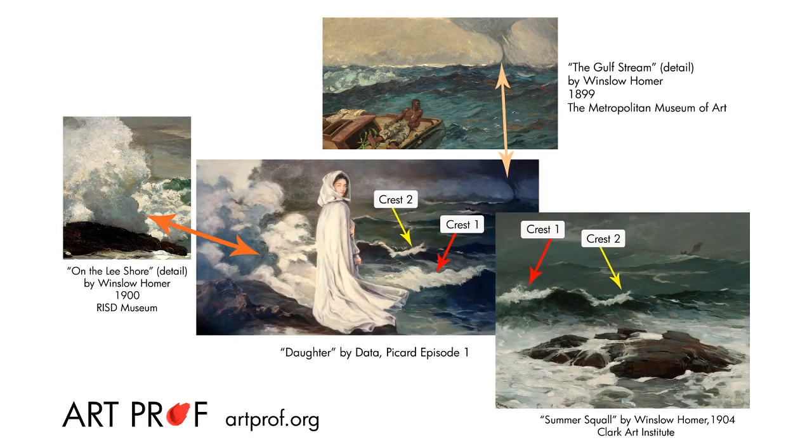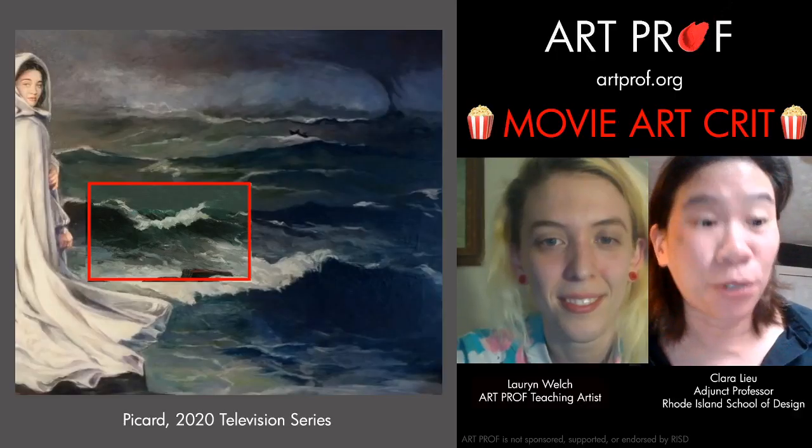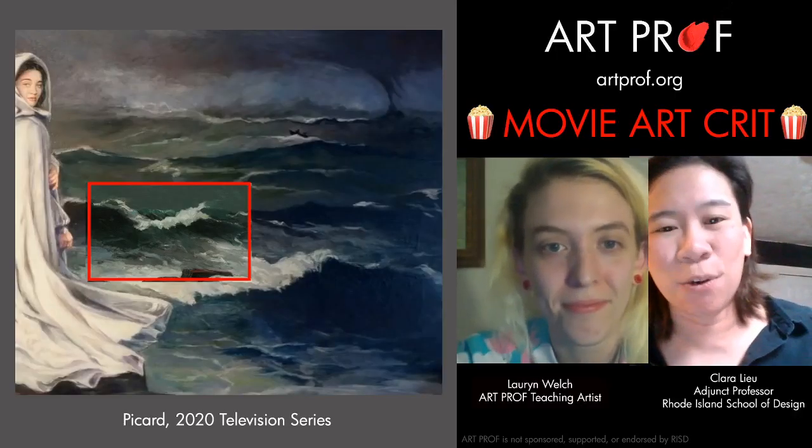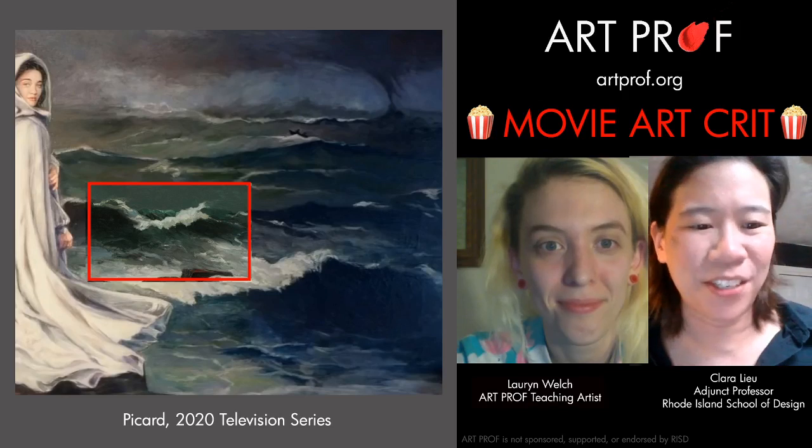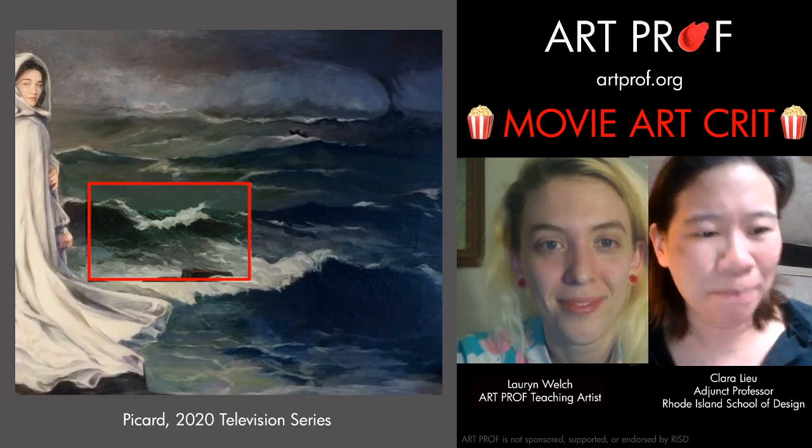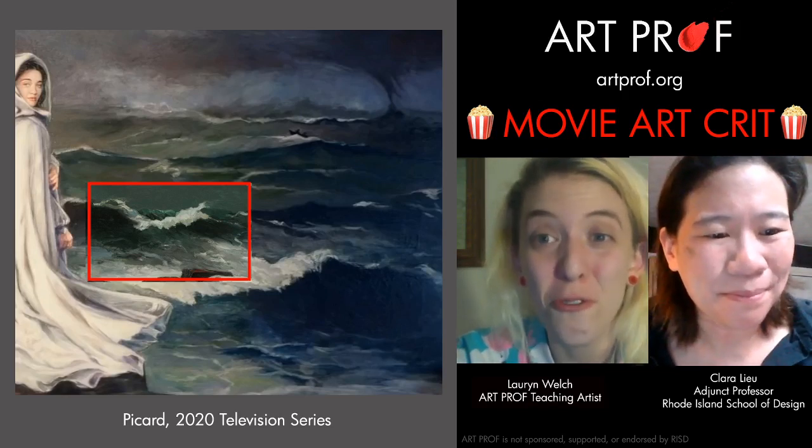It basically shows all of the portions of Data's painting that have all been lifted from Winslow Homer. So it's actually not just the two crests. There's also a section on the left, and actually the tornado in the upper right hand corner is also lifted from Winslow Homer.